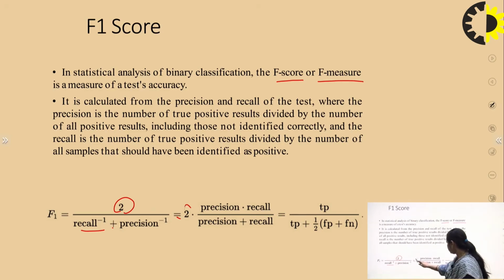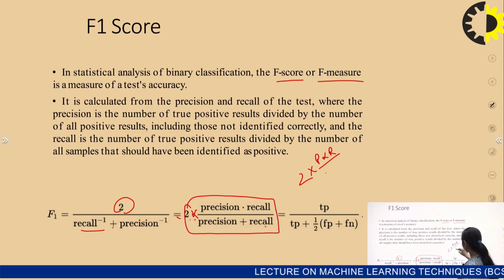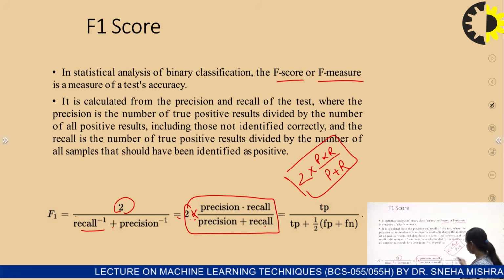You can consider this as 2 into precision into recall divided by precision plus recall, which I think is more suitable for you: P into R divided by P plus R. This equation will be more suitable for calculating the F1 score. These are all the same equations, but we can represent them by different methods.